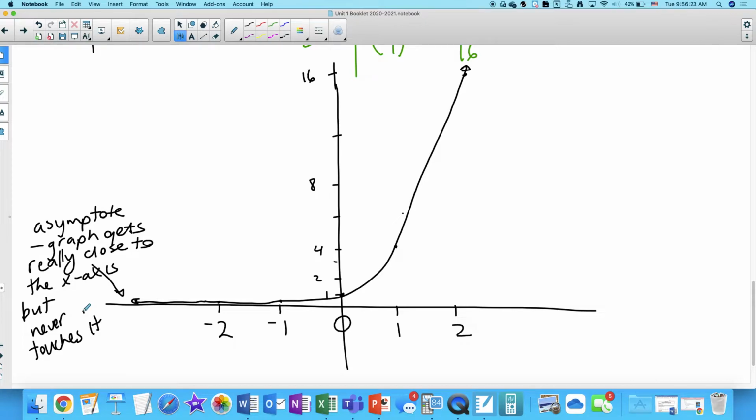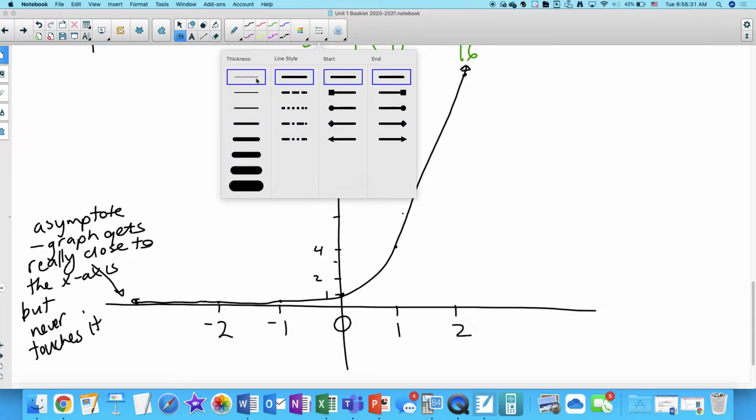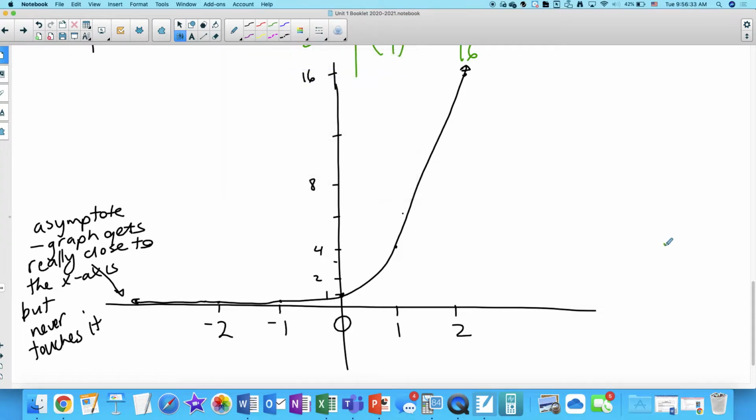All right, now let's think about g of x. G of x was a quarter to the x. G of x equals a quarter to the x. So for g of x, when x equals -2, what was the value of g of x?